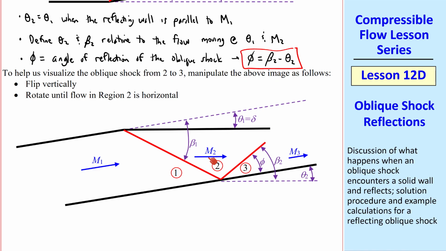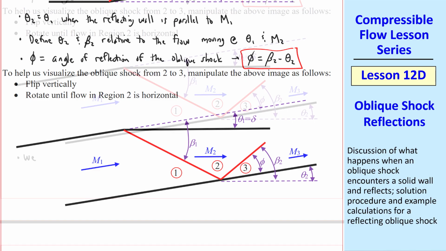And in region 2, this looks exactly like what we've been discussing previously for region 1 to 2, but now we go from 2 to 3, with this angle phi being the angle of reflection off the wall, and beta 2 is relative to the incoming upstream flow, which is how we always define beta 2.